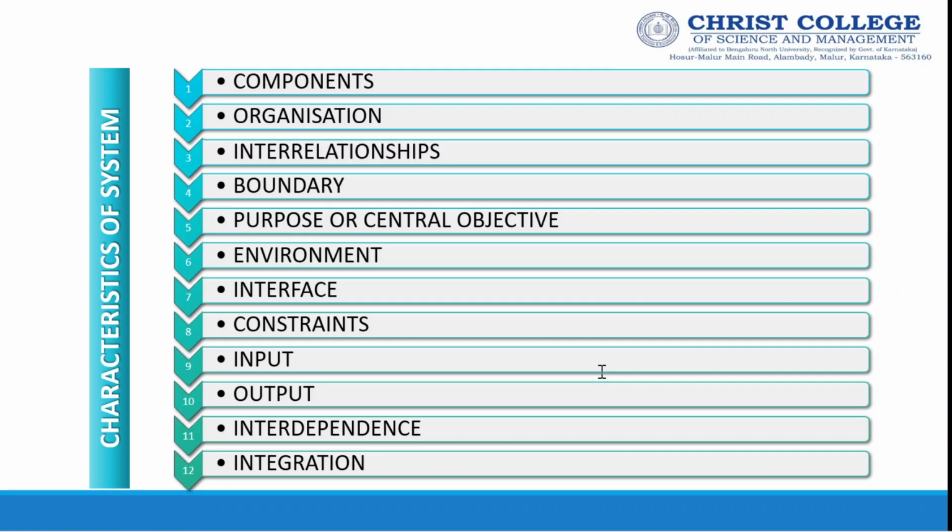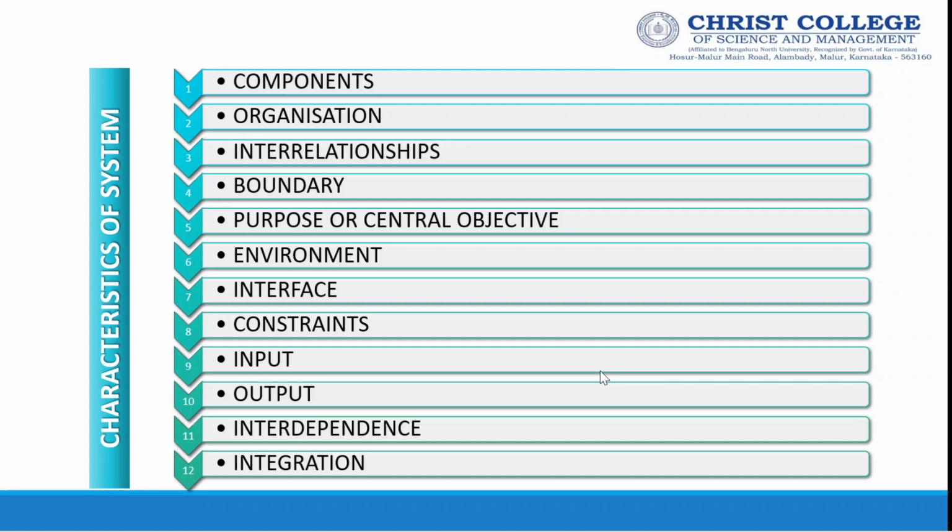Next one, interface. The point at which the system meets its environment is called the interface. We have heard about the external environment which will influence the business, for example, political, economic, social, technological, environmental, and legal factors which will have an impact on the business system.